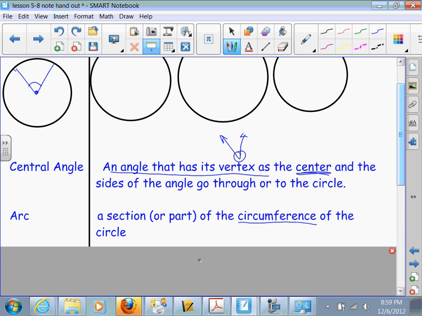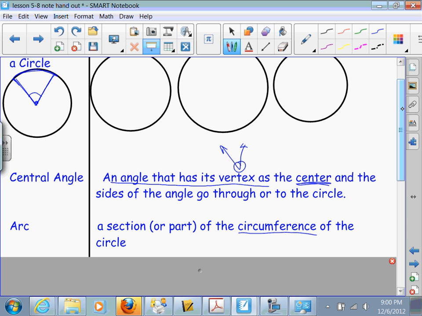So if you look at what my central angle has cut out here, it's cut out that part of the circle. And I can label it. I can put AB here, and I can say that I have arc AB. Now, think about this.